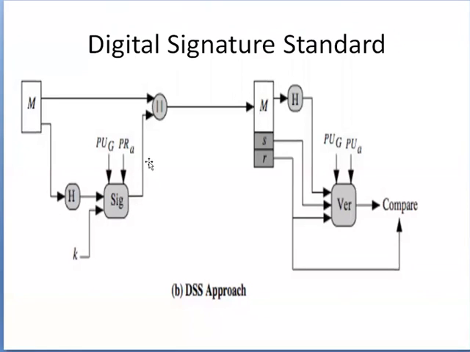Then this signature output, S and R, we are going to append with the message, and the receiver is going to get M, S, and R. When the receiver gets this, M is again hashed, using the same hash algorithm used over here, and then it is given to the verification function.